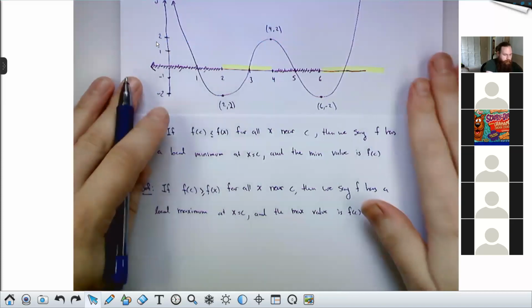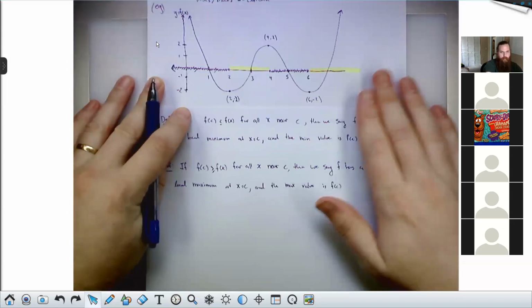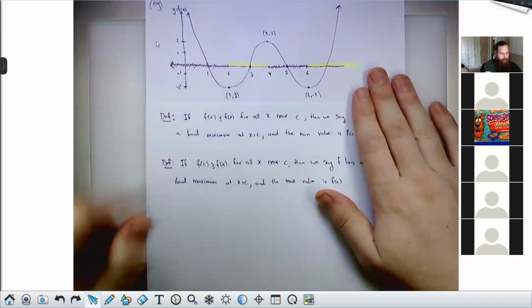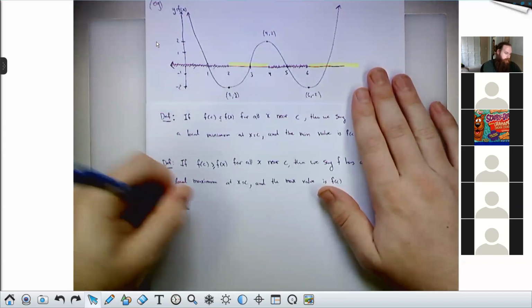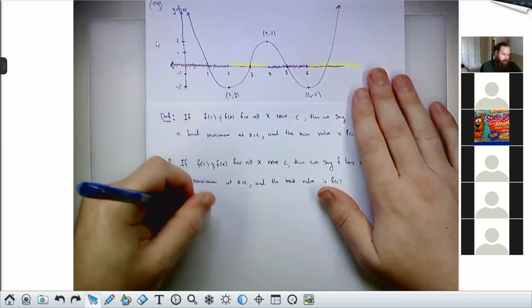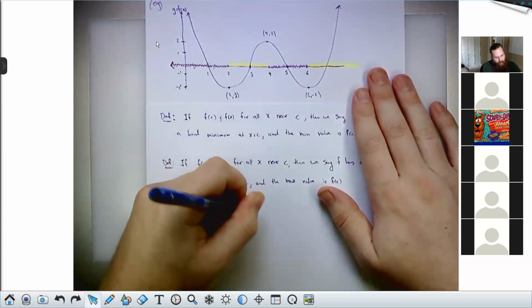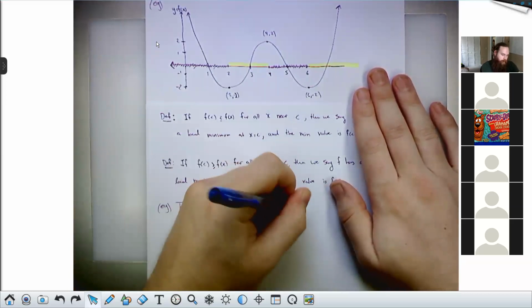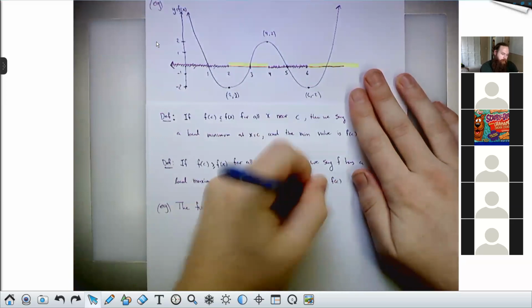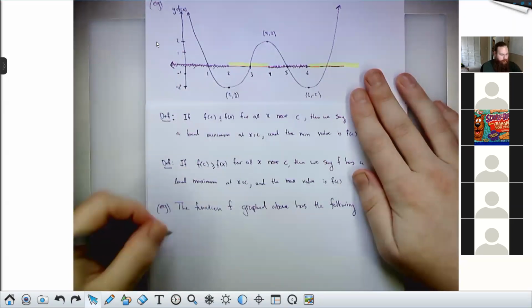So the function f graphed above has the following local extrema.